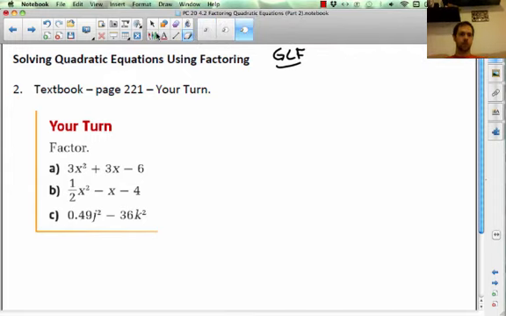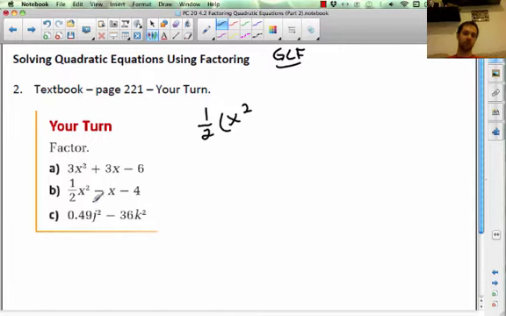All right, B. It always helps to take out the coefficient in front of the squared term, the quadratic term. So take out your a value. Now if we take out a half, that'll leave us with x squared here. Basically we're dividing each one of these things by 1/2.